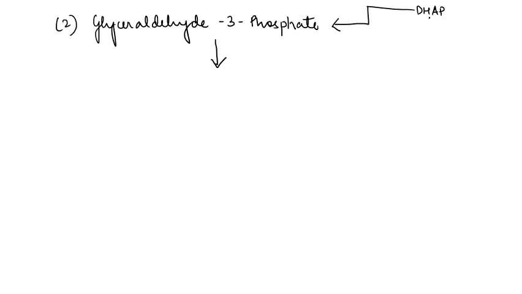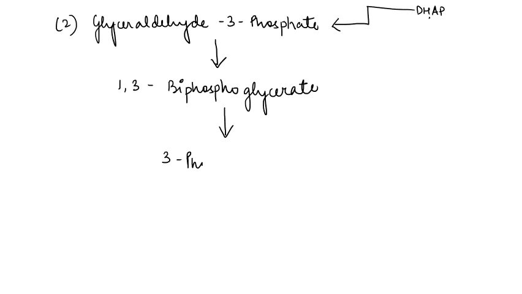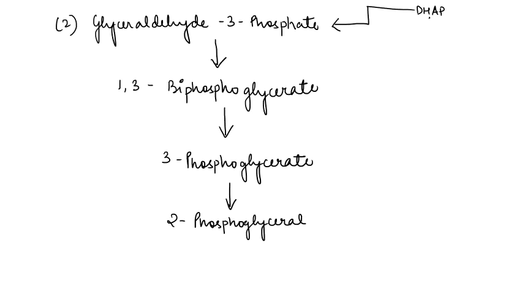Now glyceraldehyde 3-phosphate gets converted to 1,3-biphosphoglycerate, right? 1,3-biphosphoglycerate changed to what? 3-phosphoglycerate. 3-phosphoglycerate changes to 2-phosphoglycerate. 2-phosphoglycerate changes to phosphoenol pyruvate.